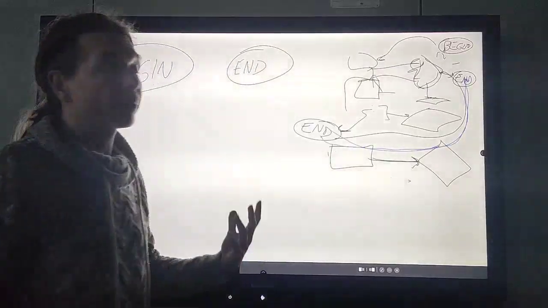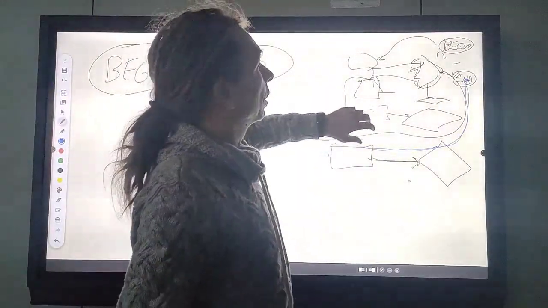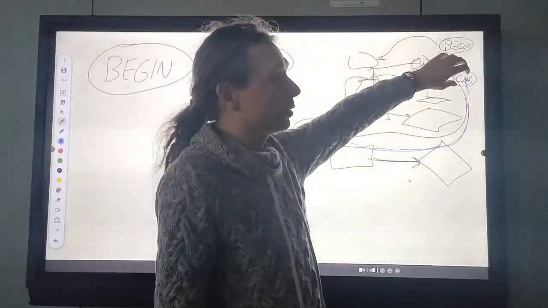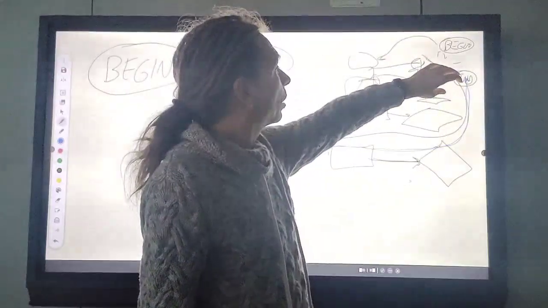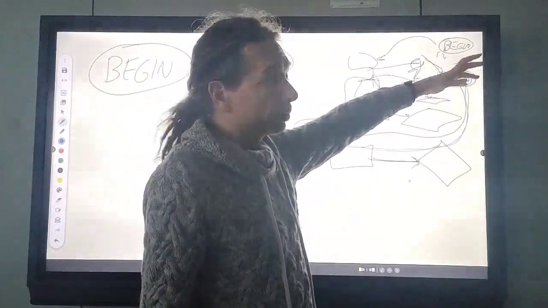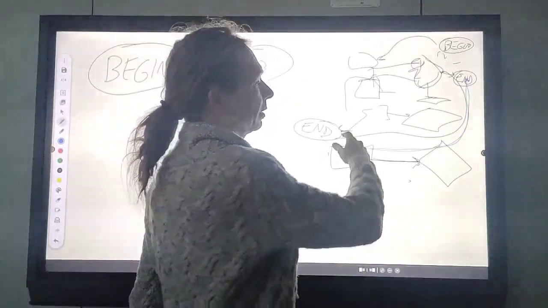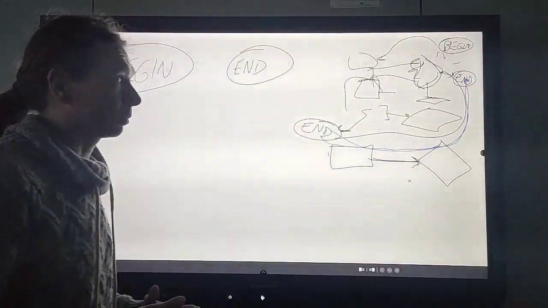Okay, it's like a magical passage. So I can put a lot of end circle and elliptical shapes, but we have to keep in mind that it's the same end. There is just one end. Okay.